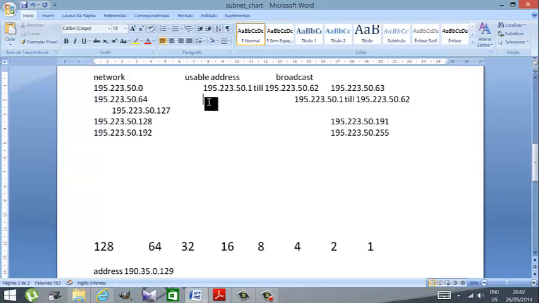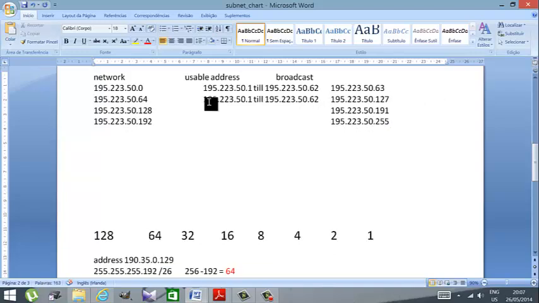It's gonna be from 64 until 127, so it will go from 65 until 126. What is the next? The next is from 129 until 190.